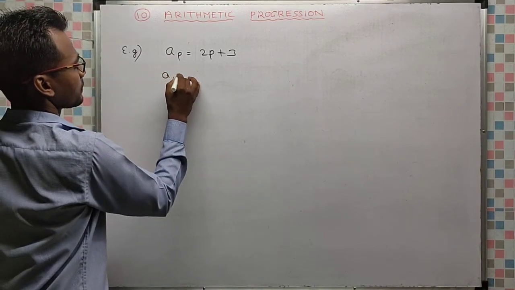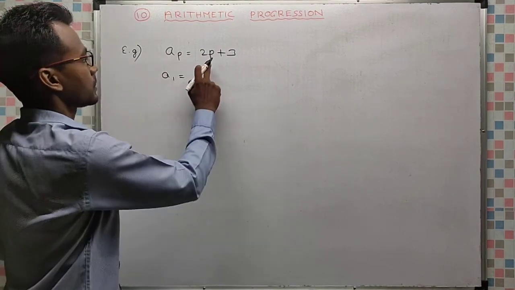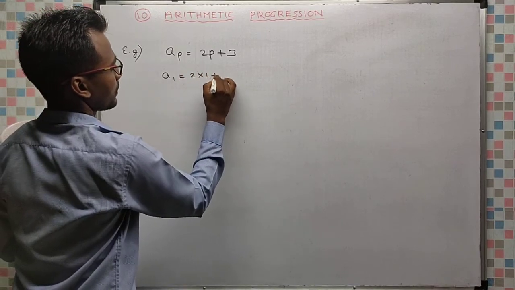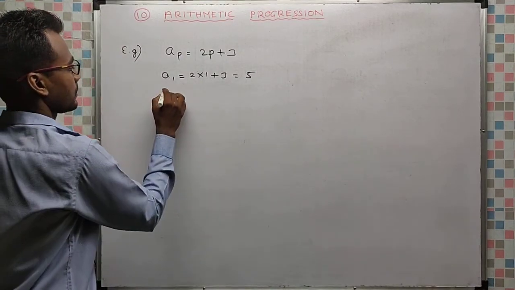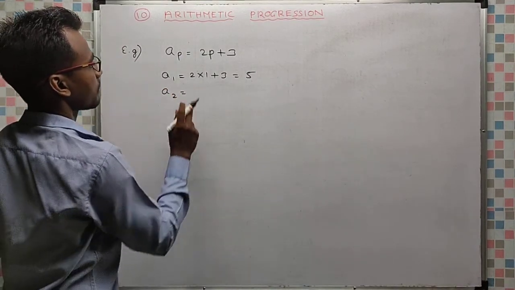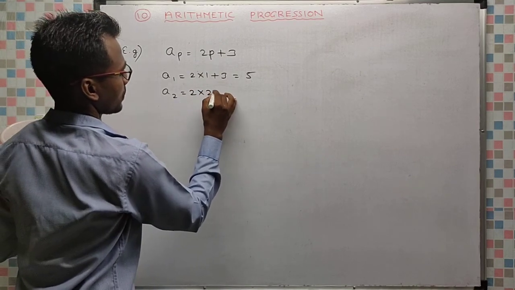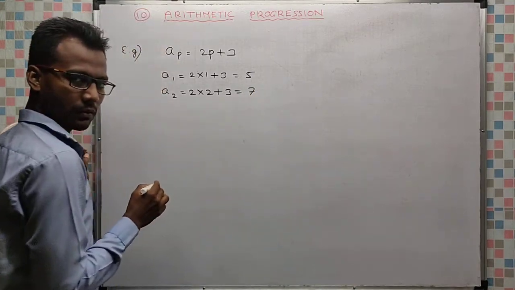So A1 is equal to, in place of p we have to put 1. 2 into 1 plus 3, which is 5. Similarly, A2 is equal to 2 into 2 plus 3, which is 7.